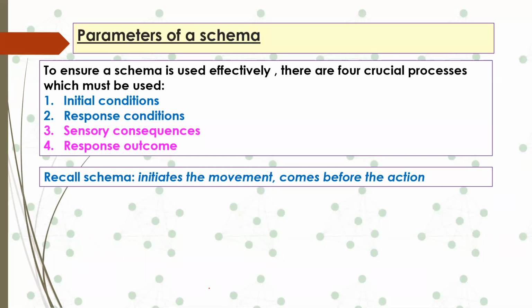That's a part of the process where the movement is initiated, obviously at the very start, and it comes before the action is completed. So it takes place before you've actually performed the skill. So the 2 of these are recall. And that's important that you recognize that, because the questions will be quite specific on that in the exam.